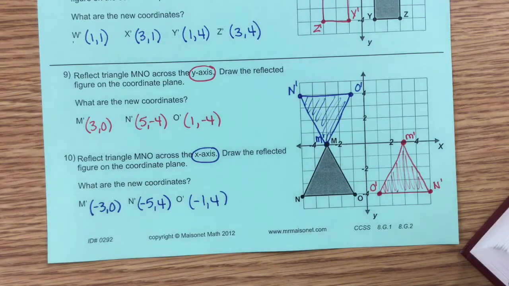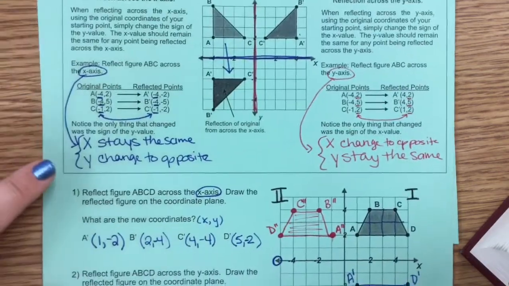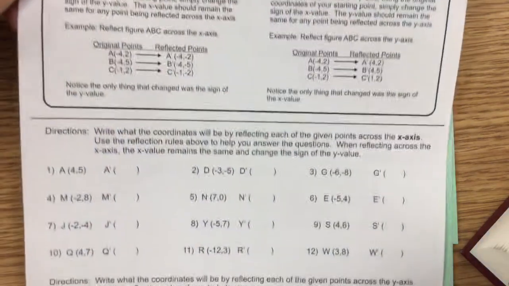Okay, so hopefully that was pretty clear for you guys. It wasn't meant to be anything really tricky for you. So what you're going to do, because I do want you to practice the actual rules of this, remember these rules that are right here, you are going to complete this sheet on reflections.